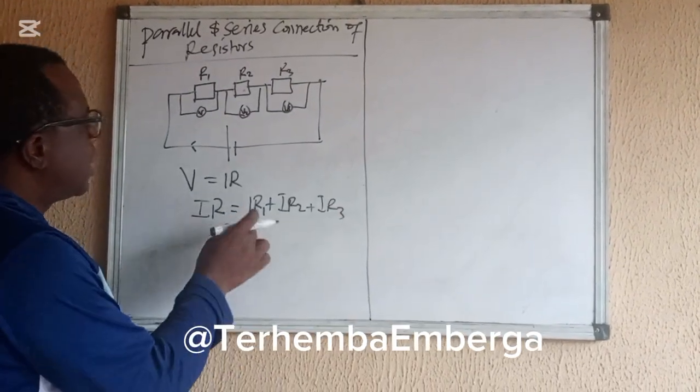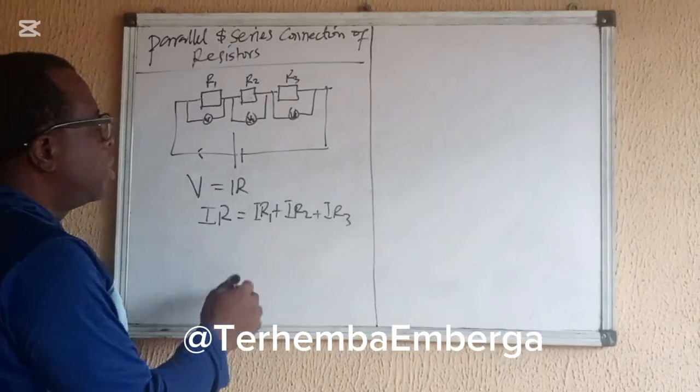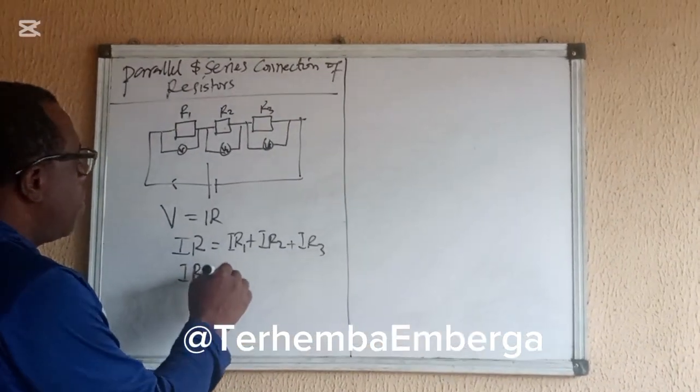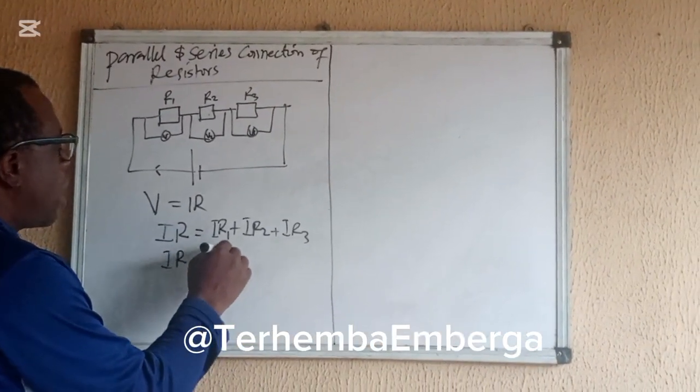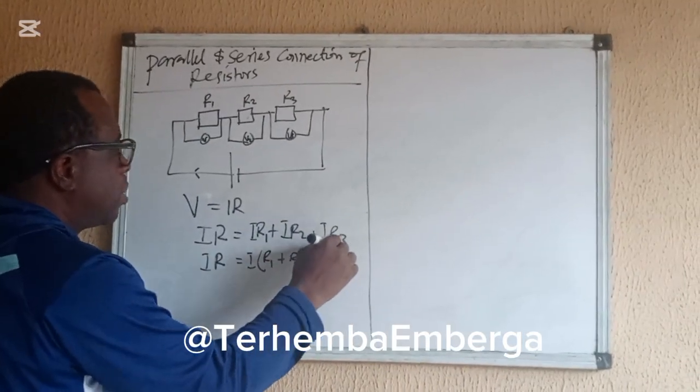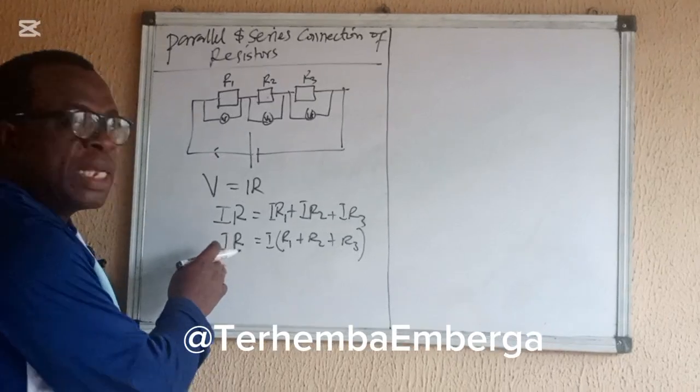So when you look at this, I is common. So we can factorize. We can say that IR will now be equal to I into R1 plus R2 plus R3.